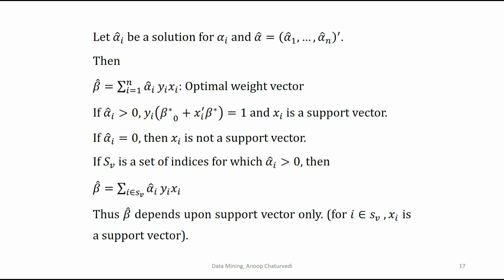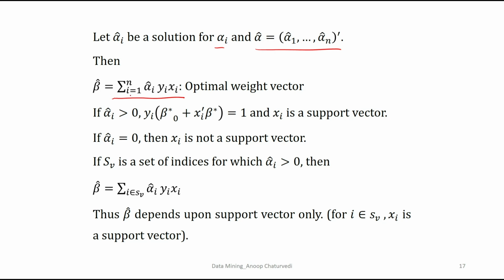Now, suppose alpha i hat is a solution for alpha i, and alpha hat is equal to alpha 1 hat, alpha 2 hat, so on, alpha n hat transpose. Then we can obtain the optimal weight vector beta hat as we just replace alpha i by alpha i hat.